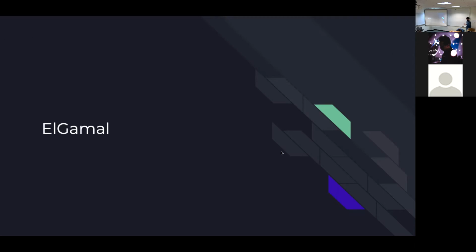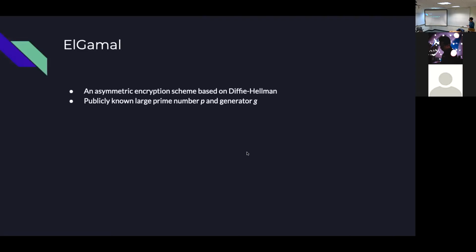Okay. So in ElGamal, we're going to do something very similar to what we did in Diffie-Hellman. We again have a large prime number P and a generator G. We also need to define our key generation algorithm. Remember, in asymmetric encryption, we have a secret key and a public key.